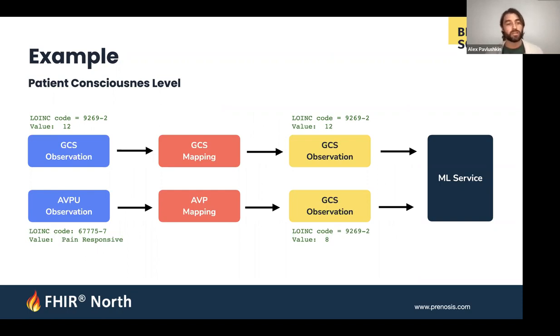The second is the ABPU observation. Our ML service can consume only the GCS observation, so we need a mapping to convert one observation to another. How can we do it in a very flexible way without changing the source code?